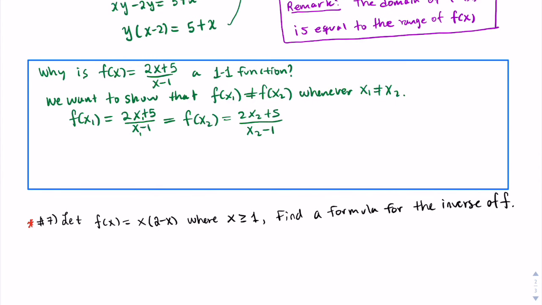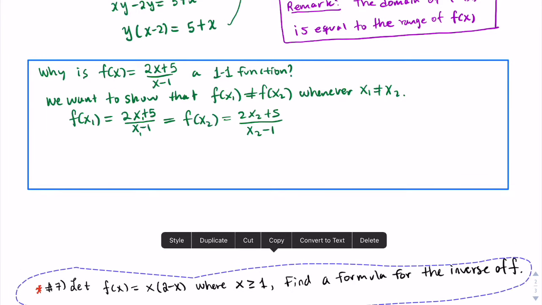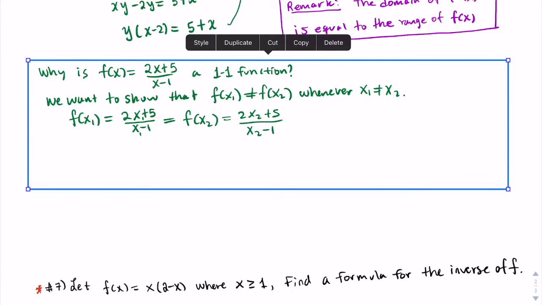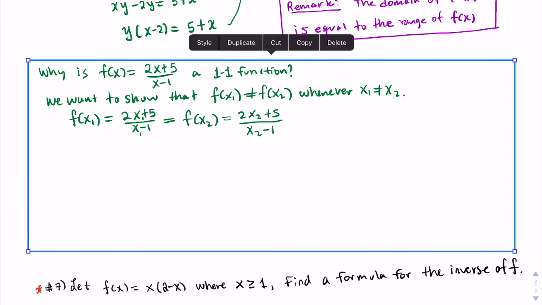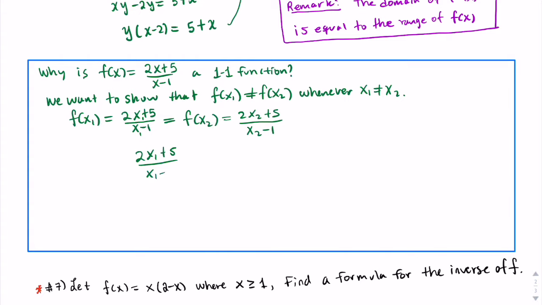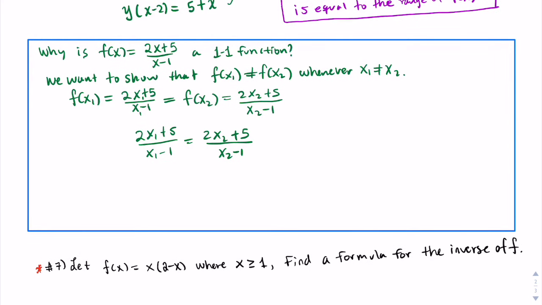We can do it not equal to or equal to, it's fine. If these are equal to each other, we have 2x1 plus 5 divided by x1 minus 1 equals 2x2 plus 5 over x2 minus 1. We cross multiply and we get this.